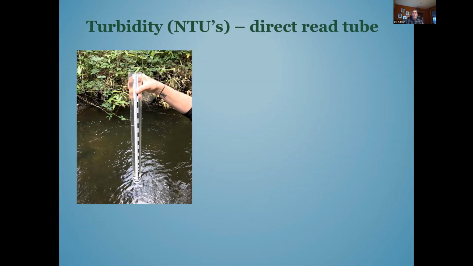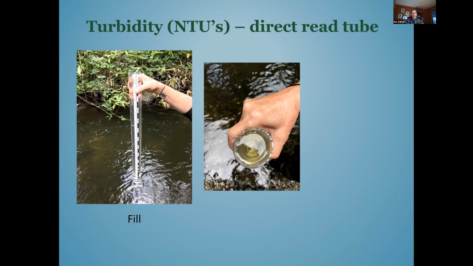Now we also have a separate tube that's similar, but we call it a direct read tube. Basically, it's very straightforward to use this one. You fill it all the way to the top. You look down, and if you can already see the Secchi disc, then you essentially know that this tube is not going to give you measurable turbidity.